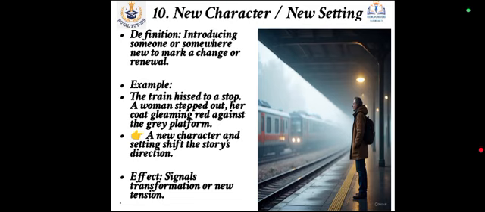A woman stepped out, her coat gleaming red against the gray platform. A new character and setting shifts the story direction. For effect, the writer uses it to signal transformation or new tension.